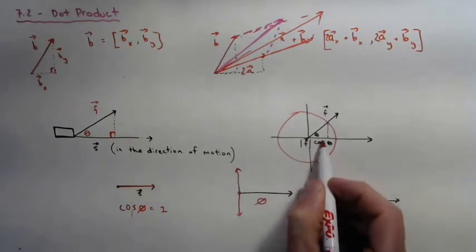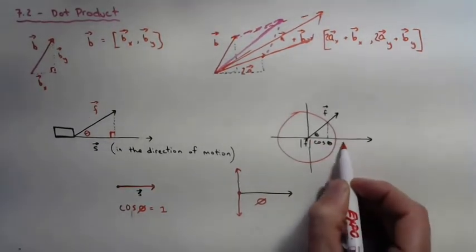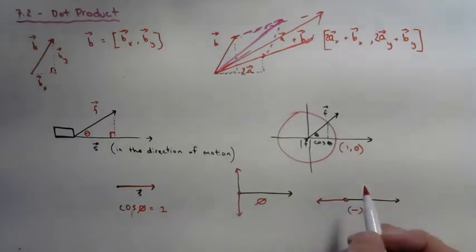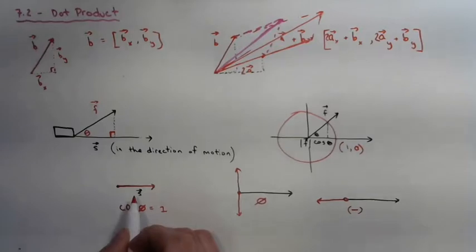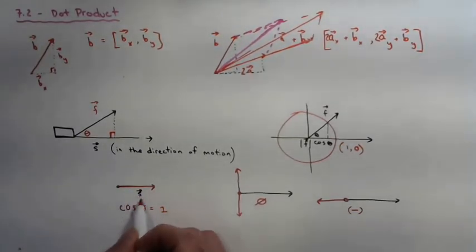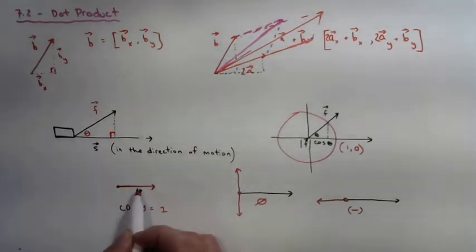It's the x distance on the unit circle. The cosine of 0 is 1 because this is 1, 0. So we're talking about horizontal displacement. So it's really easy to see here that if displacement magnitude is 1, then the force being acted on it in the same direction is 1.